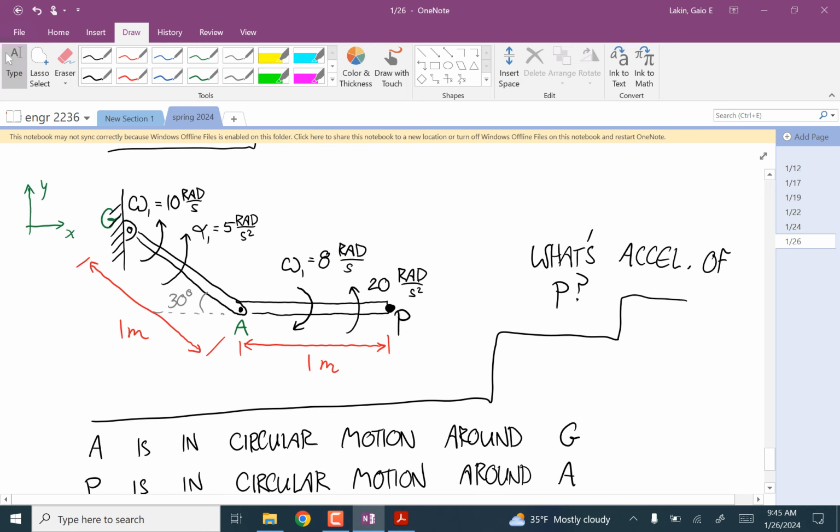Now, what's the definition of R? R is the vector that goes from the center of the circular motion to the point that you care about. Well, if you let this thing move in a full circle, the center of that circular motion would be the pin, the point that doesn't move. So the R vector goes from the pin to A. Okay, you with me on that? Okay, so that's going to be what?